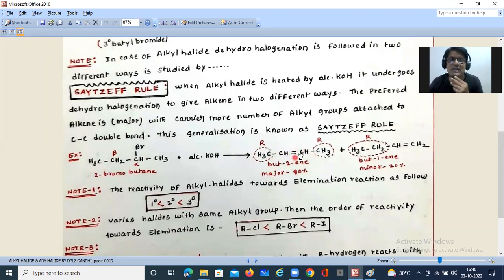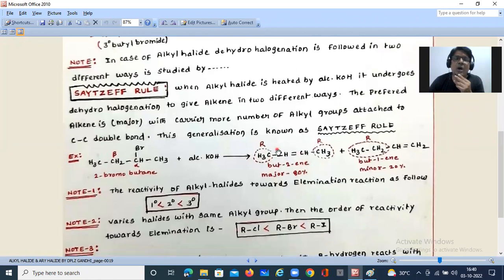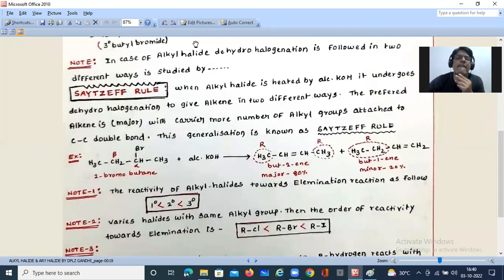For this unsaturation here, 1 and 2, two alkyl groups are there. But what about over here? This is the unsaturation. For this unsaturation, CH3, CH2 means only one alkyl group is attached to the carbon-carbon double bond.